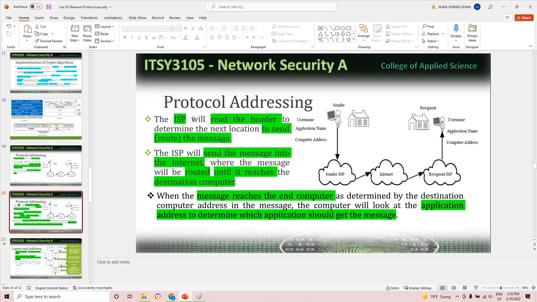So, protocol addressing. When the sender sends the packet with the header, the ISP will read the header and determine how to route the message. That means it will send the packet through the internet through the best path. There will be many paths available.